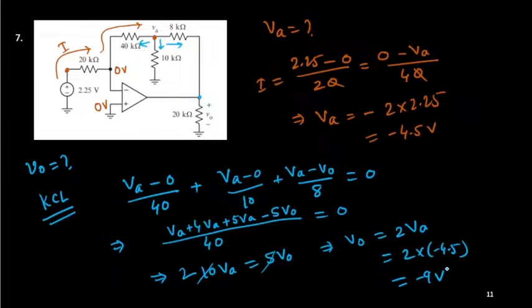Is it clear? So a different way also you can calculate, what he is saying. So what is the current through this 8 kilo ohm? This is I1.